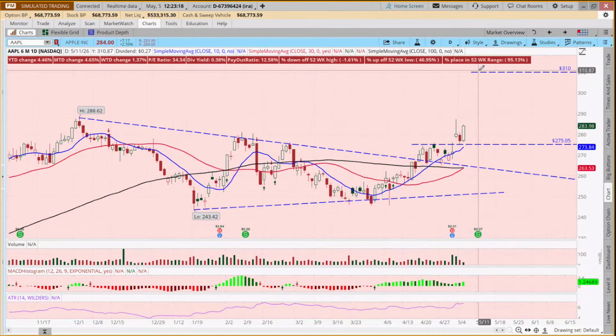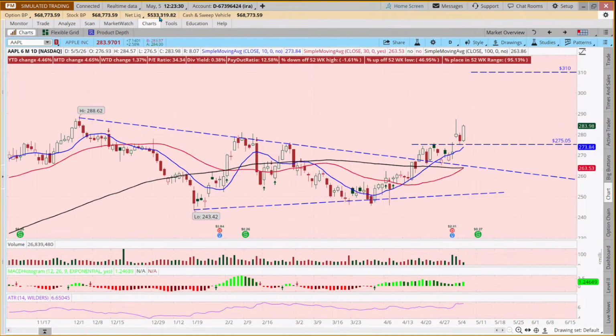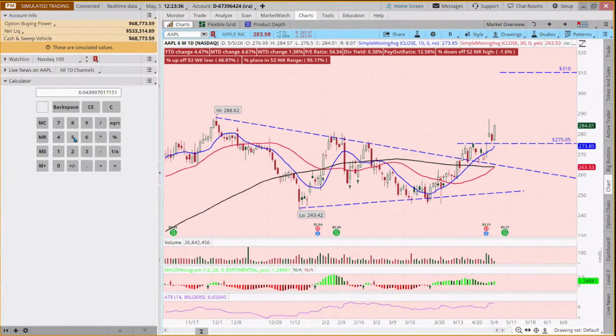If we were to buy the stock, we could put that target in, or we might say sometimes it doesn't go quite all the way, like maybe we make our target 307. So we could do that too. And in this account where we have $533,000, we could say, okay, how big a position size are we comfortable having?